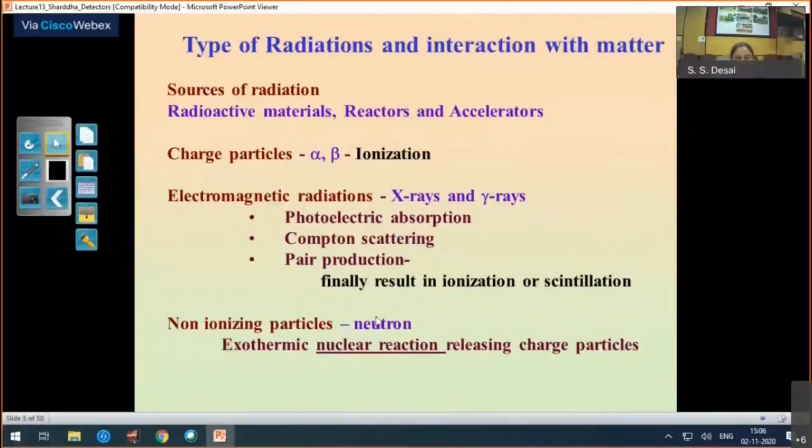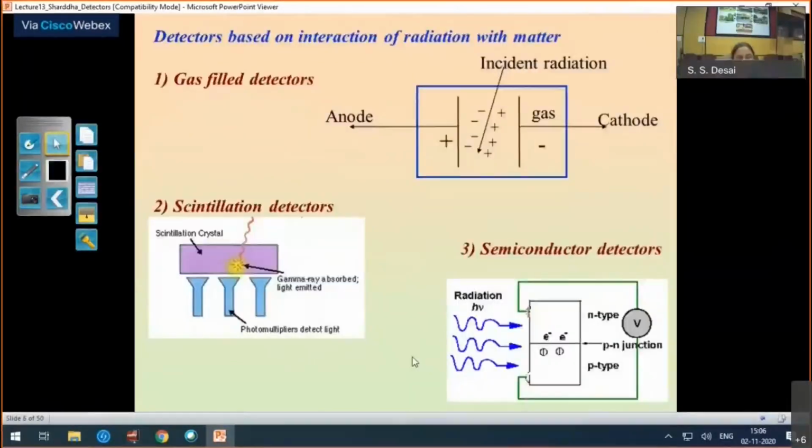It carries out a nuclear reaction, like the neutron absorption reaction, and that exothermic nuclear reaction is the principle used for detection. So secondary charged particles resulting from the neutron interaction are used for indirect neutron detection.